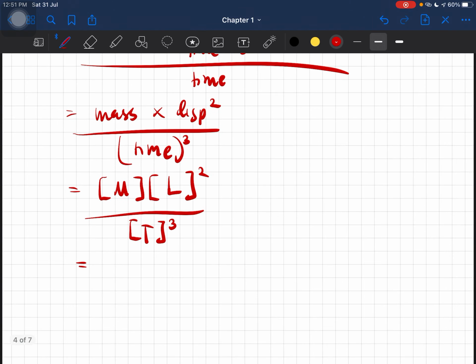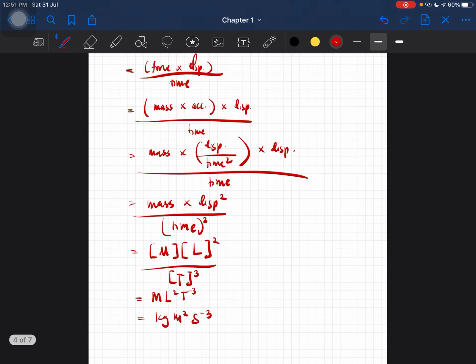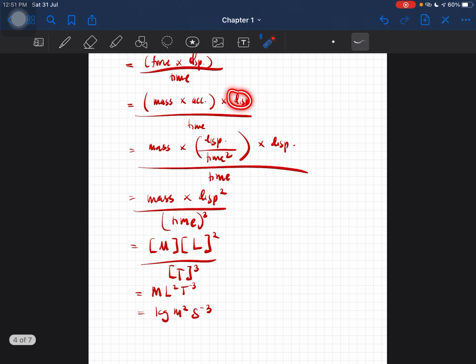Okay, so this one is m l square t negative 3, because it is per. So you then get kilogram meter square per cubic second. Okay, right. Instead of writing displacement, you can write length. Okay, so I think it's better for us to write length next time.